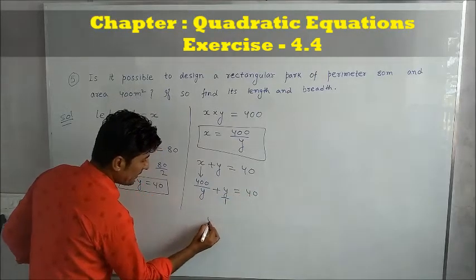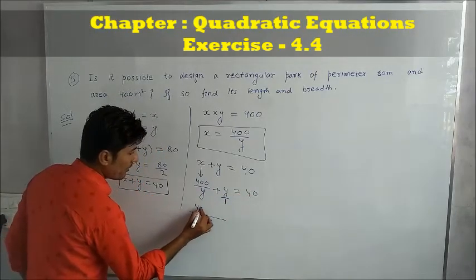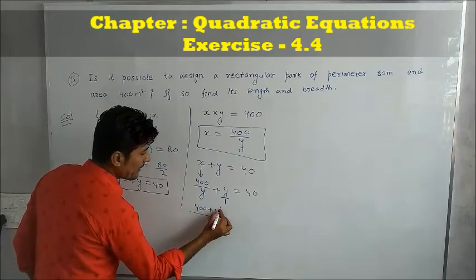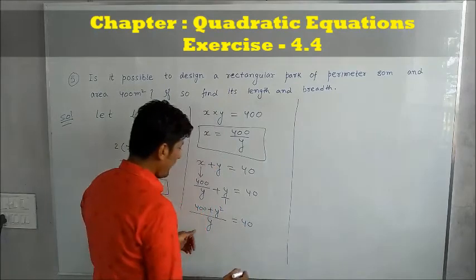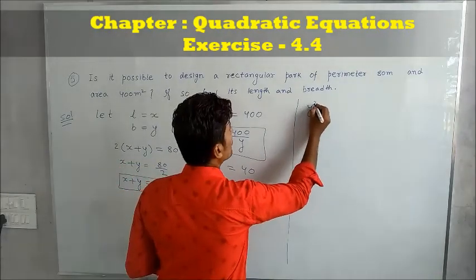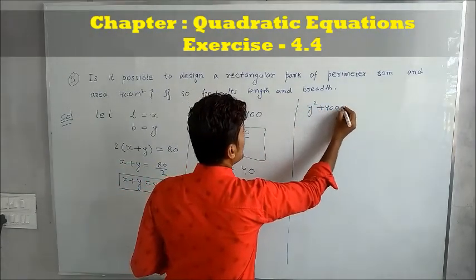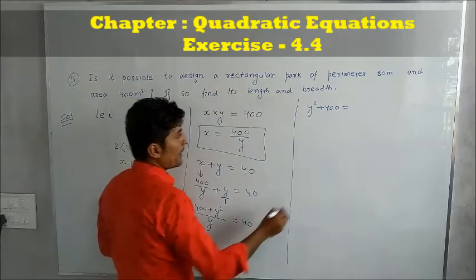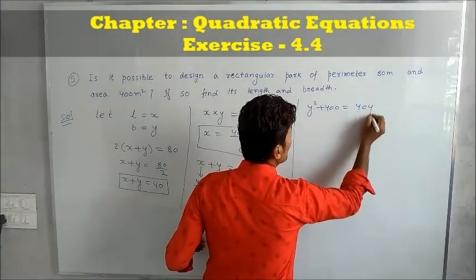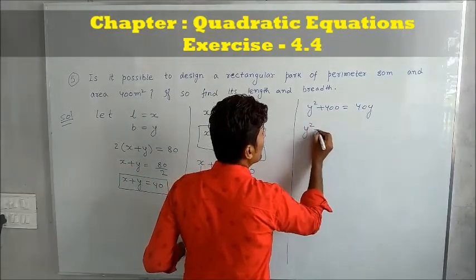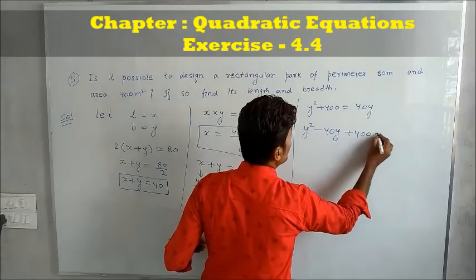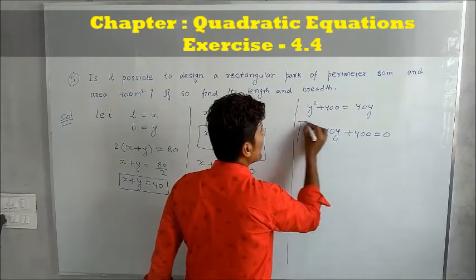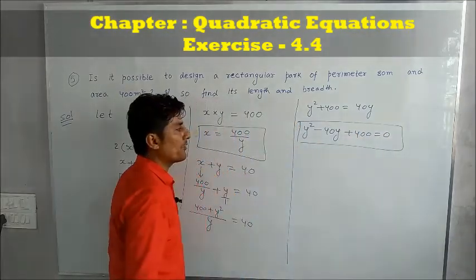You can find the LCM here: 400 plus y square equals 40y. And finally we have the equation y square minus 40y plus 400 equals 0. Now we got the quadratic equation.